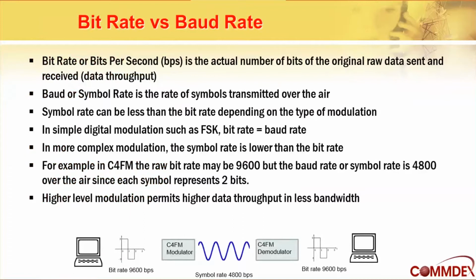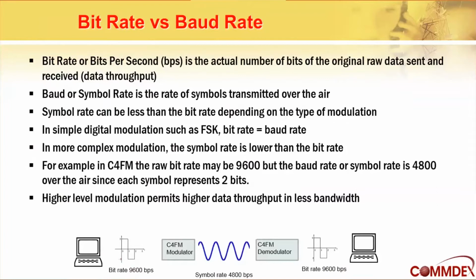Now, a symbol can represent multiple bits depending on the type of modulation. We mentioned that in C4FM, every shift level represents 2 bits. So that has a symbol rate, which is 1/2 of the bit rate.